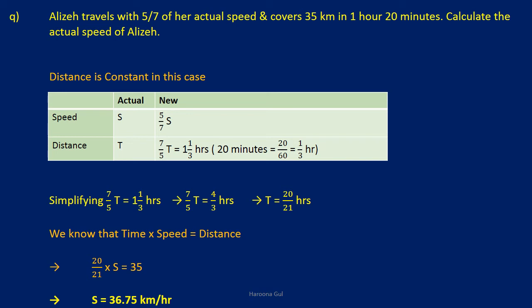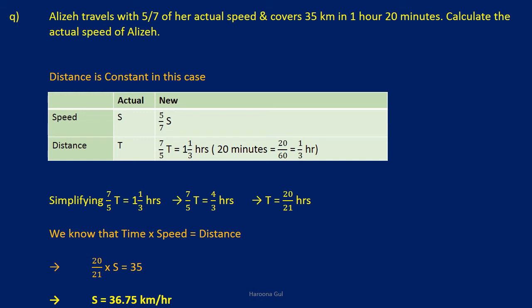Therefore, time will be equal to 7/5 of the actual time, right? So, with 5/7 of Alize's speed, time will be 7/5 of the actual time, which is 1 hour and 20 minutes, right?